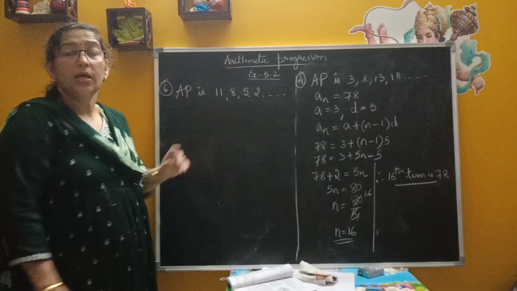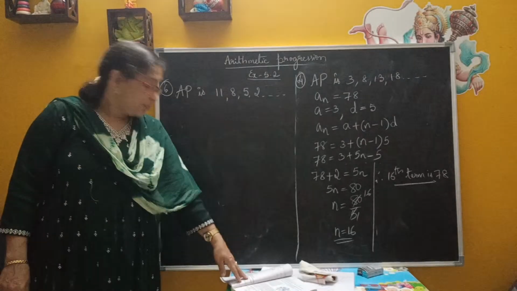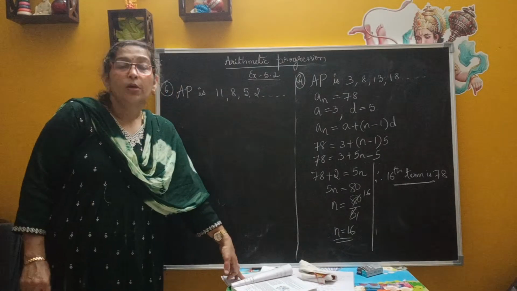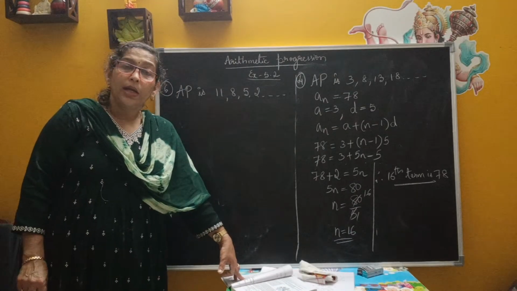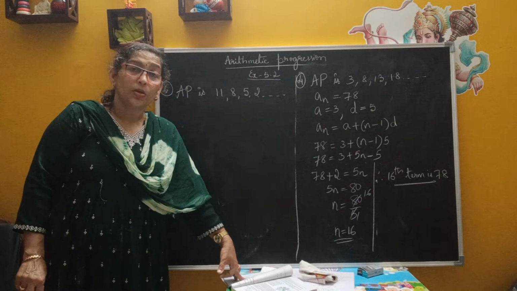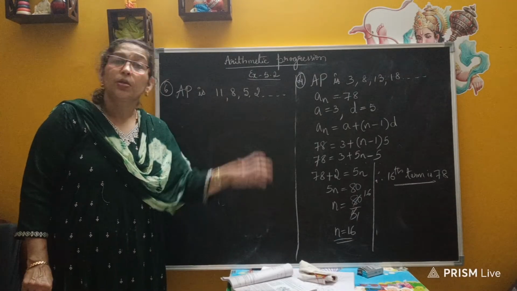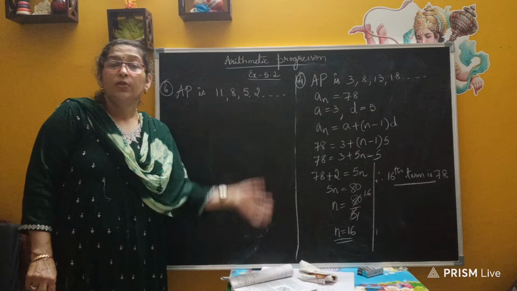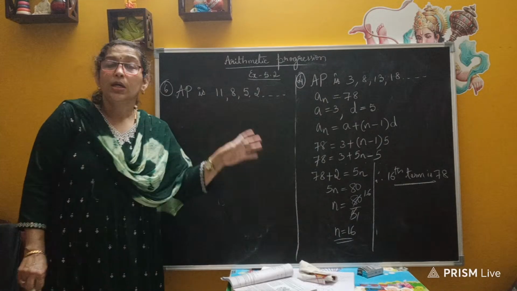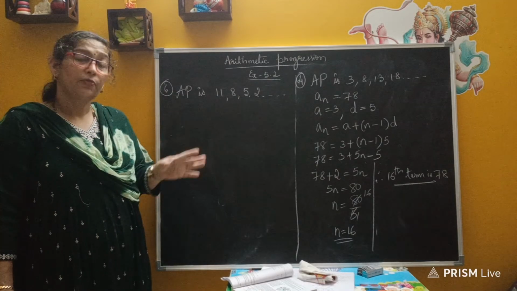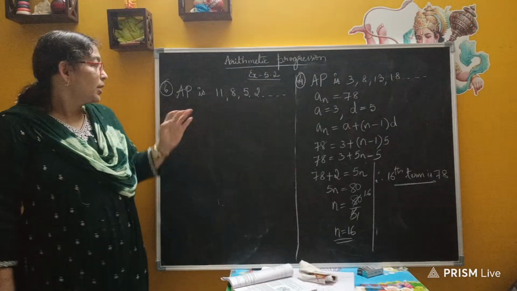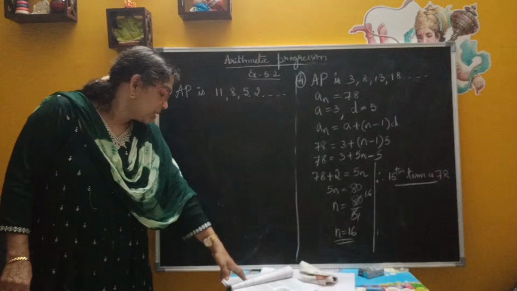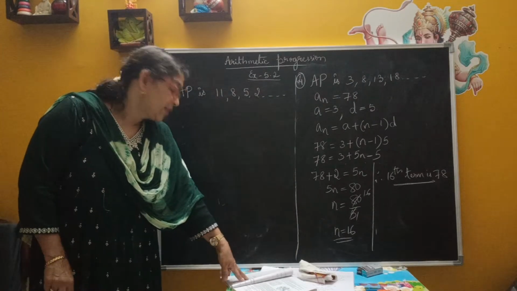If minus 150 is a term of the AP, then n should be what? It is a positive number. n tells which term it is. If n value is positive, I mean a natural number, starting from 1, then we can say minus 150 is a term.